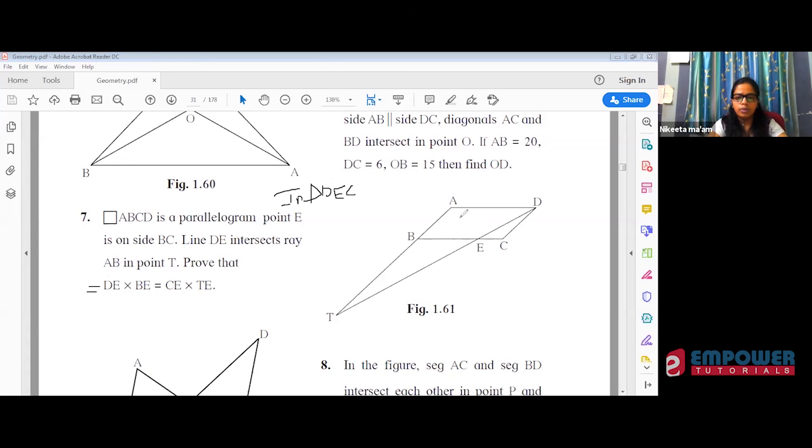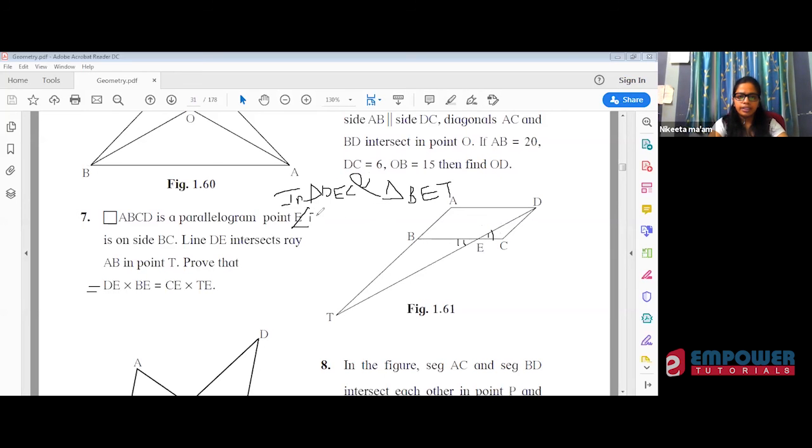So in triangle DEC and triangle DET, these two angles are congruent by vertically opposite angles.